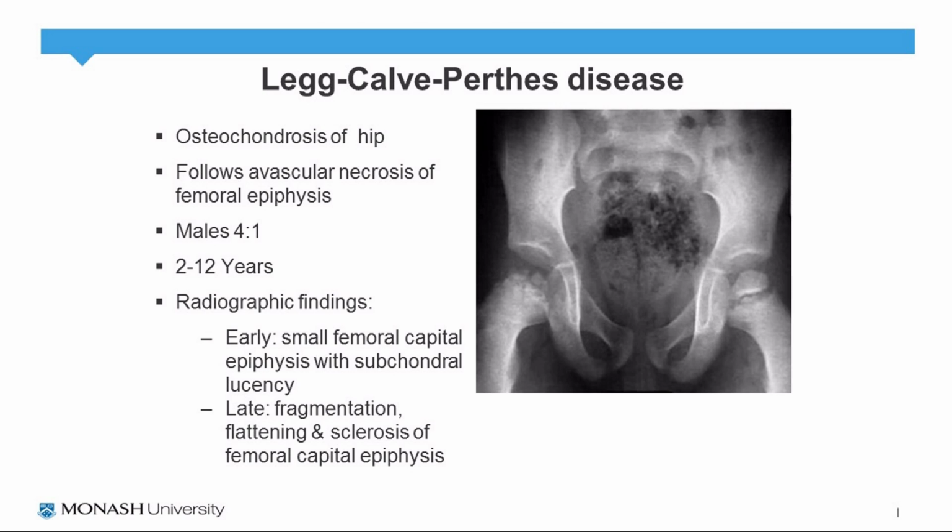So what you need to look for in radiographic findings in the early stages, the femoral capital becomes smaller with some subchondral lucencies, and then in late stages you would see fragmentation, flattening, and sclerosis of the femoral capital epiphyses. So on the X-ray that we have here, if you compare the right hip to the left, you can see on the right side that you've got this late fragmentation and sclerotic appearance of the femoral head.